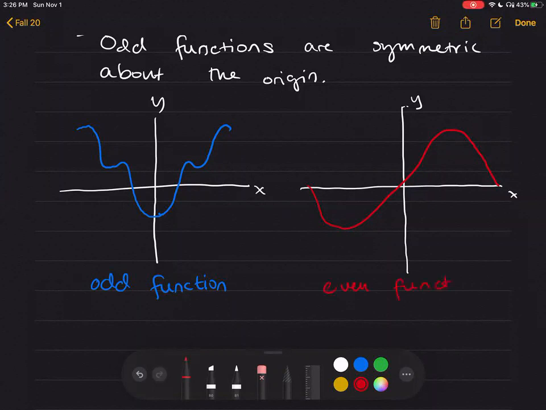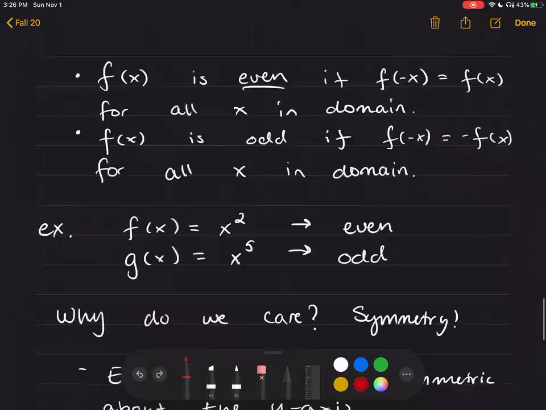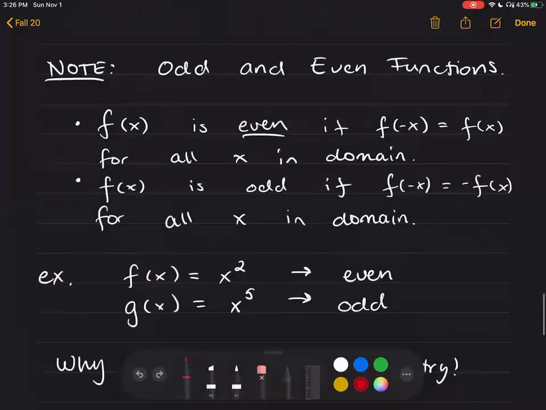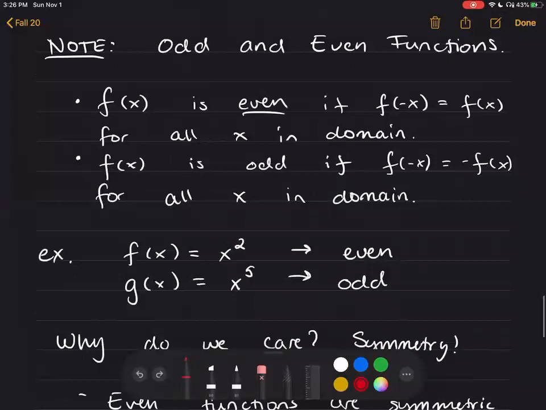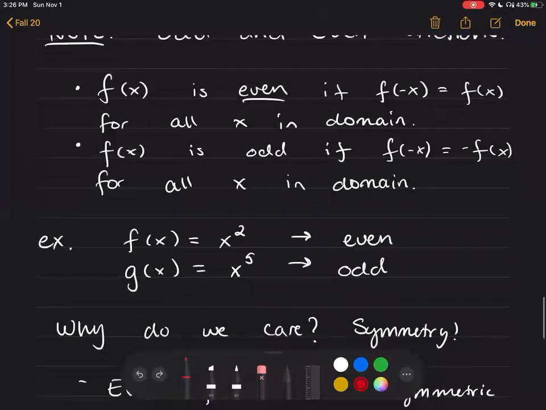Oh my gosh, I got them mixed up. Even though I have my notes right in front of me. This one is even, my bad. You probably caught that before I did, of course. But sorry, so the blue is an even function because everywhere that's f of negative x, that's going to be f of x, right?